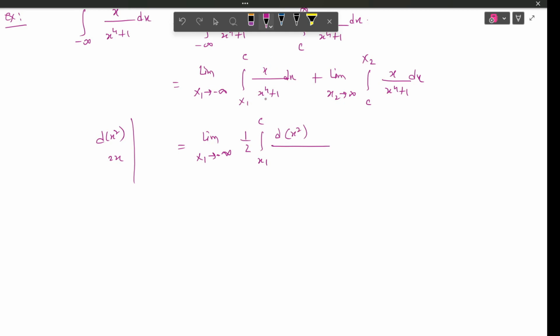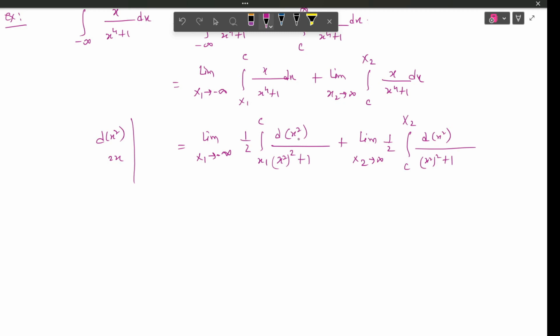Now this thing you can write as x square whole square plus 1. Similarly, apply the same method here. Limit x2 tends to infinity, half of integration c to x2, d of x square by x square square plus 1.